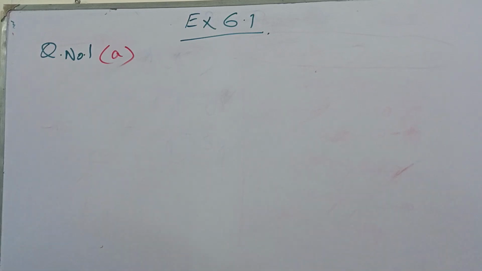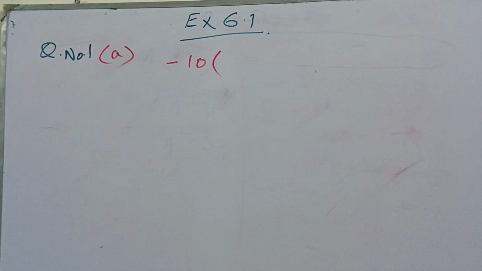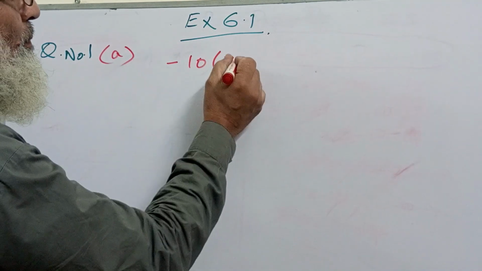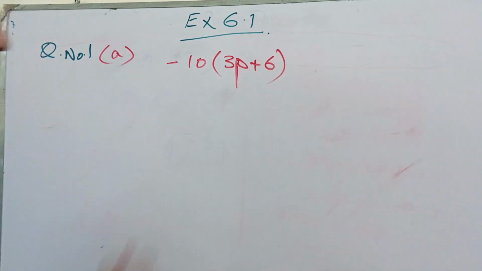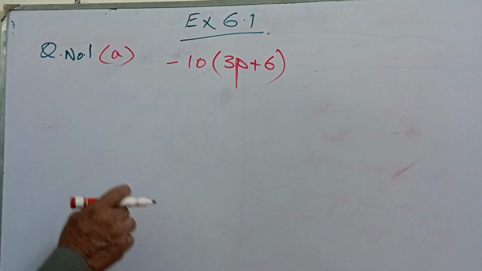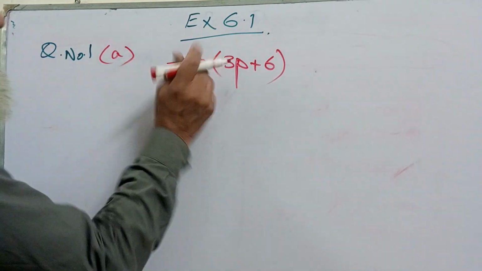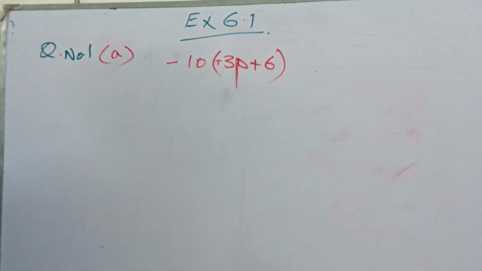Minus 10, bracket 3p plus 6. Now this is only a term, so we can just expand it. You see that there is a sign which is minus, and here a hidden positive sign is also there.